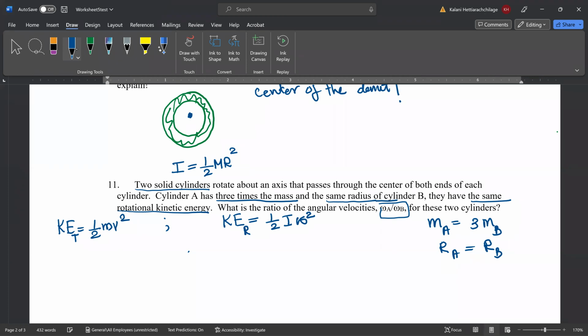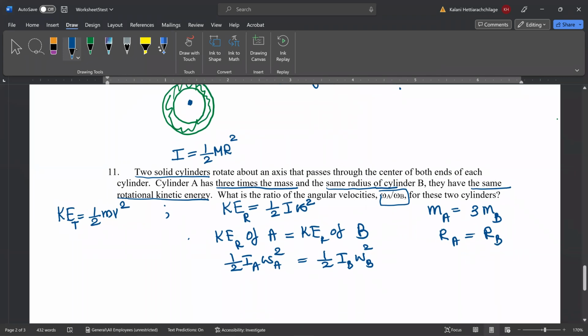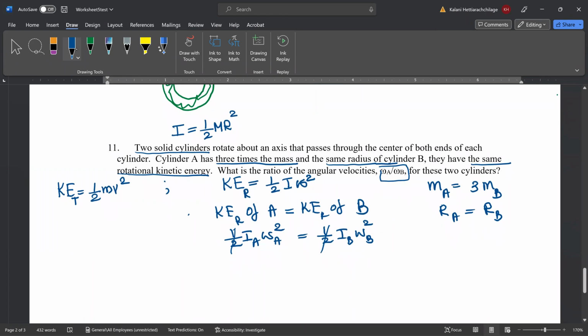So now the rotational kinetic energy of cylinder A is equal to the rotational kinetic energy of cylinder B. Let's write it down as we know: I of A times omega A squared should be equal to I of B times omega B squared, with the halves. Okay, so the half cancels out, and then I'm going to take the ratio first.